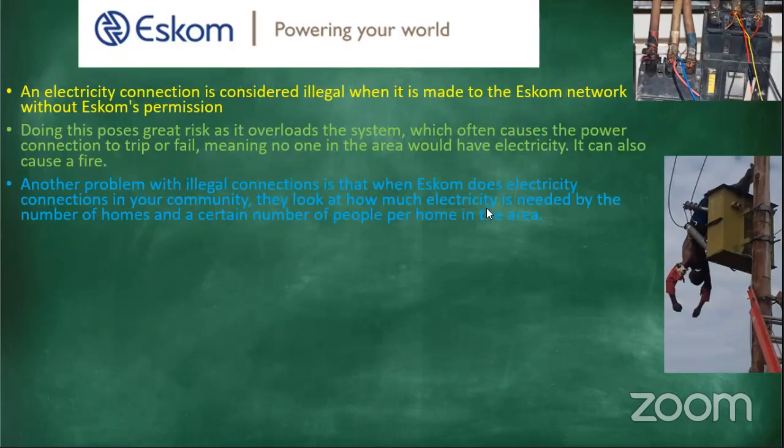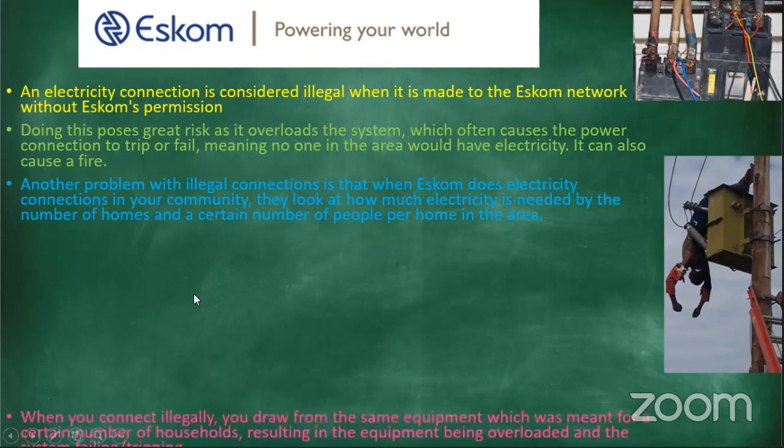Another problem with illegal connections is that when ESCOM does electricity connections in your community, they look at how much electricity is needed by the number of homes and a certain number of people per home in the area. So ESCOM officials would come, check how many people live in the specific area, and determine how many cables and the type of connection they would need.